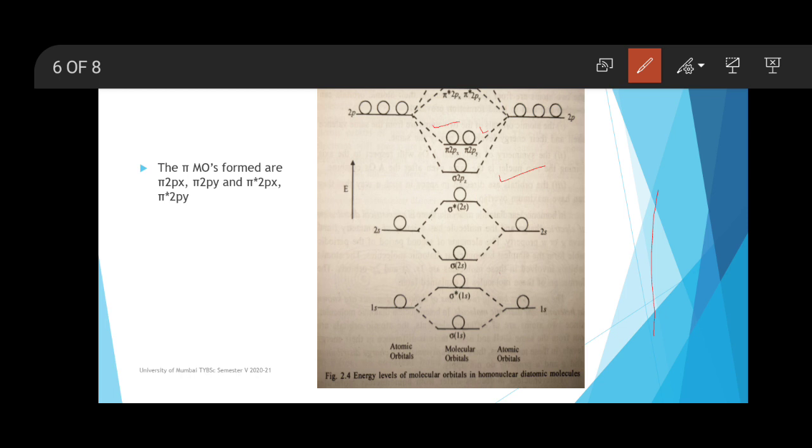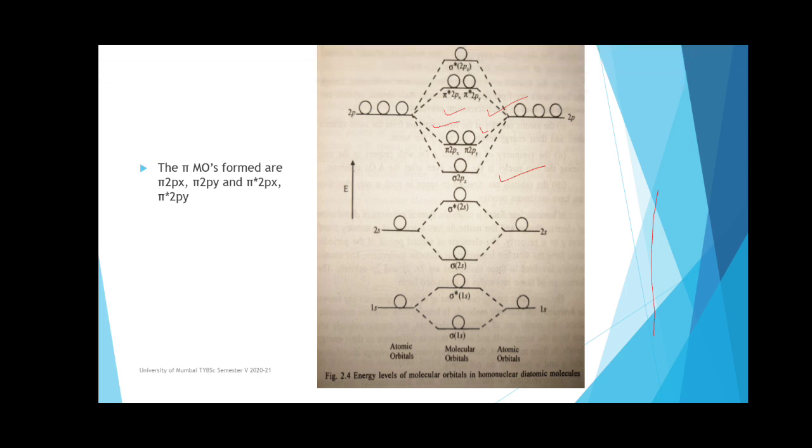And pi star 2px, pi star 2py and sigma star 2pz, these orbitals having higher energy are called antibonding molecular orbitals. So here remember that the sigma 2pz orbital has lower energy as compared to pi 2px and pi 2py, because this molecular orbital is formed by axial overlap and hence its energy is lower as compared to the remaining two, pi 2px and pi 2py.